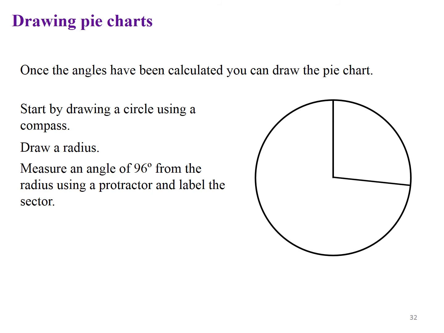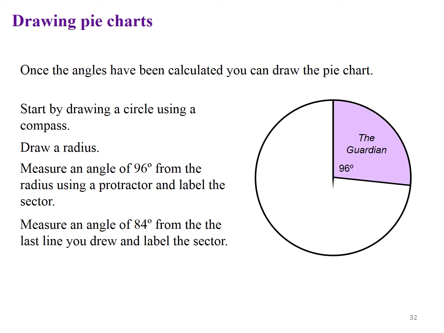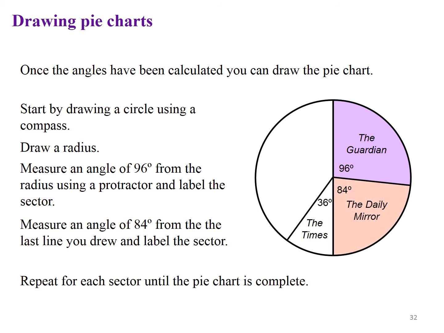We start from this point and go in a clockwise direction. First the Guardian 96, the Daily Mirror 84, the third one, the Times, 36, then 72, and the last one also 72. So this is the pie diagram, the easy way.